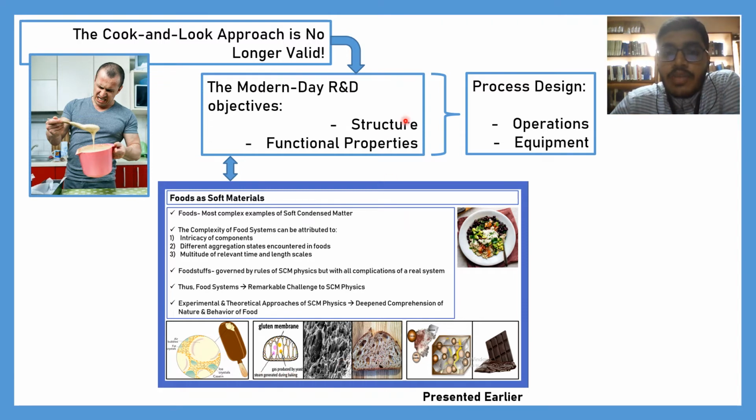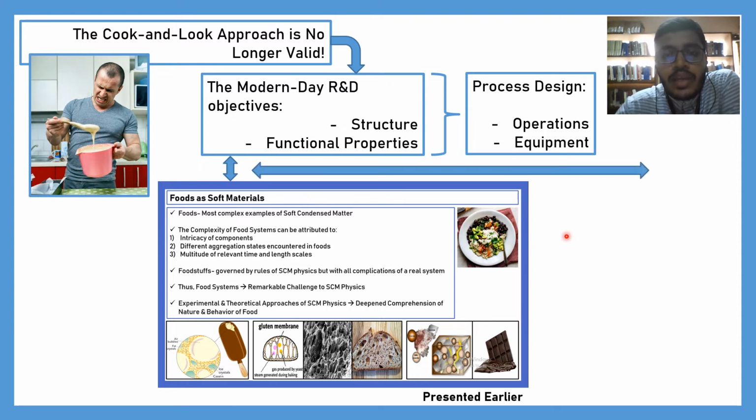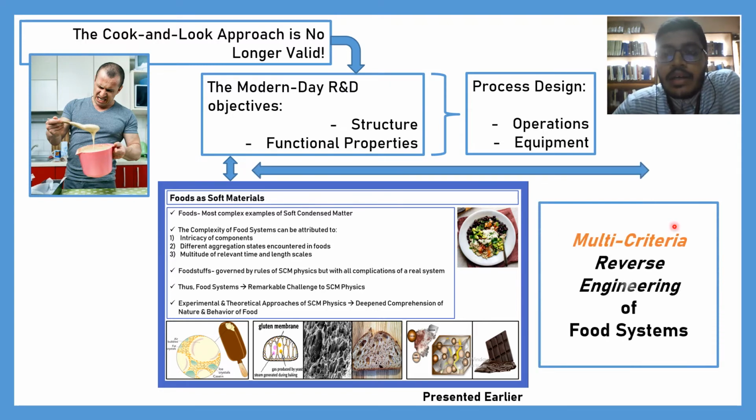Having accumulated this knowledge about the structure and functional properties and how these can be tailored by appropriate use of unit operations and food equipment, we can use this knowledge to have a multi-criteria reverse engineering approach, wherein we know that by applying certain operations and certain equipment, we get a particular structure and function of food products.